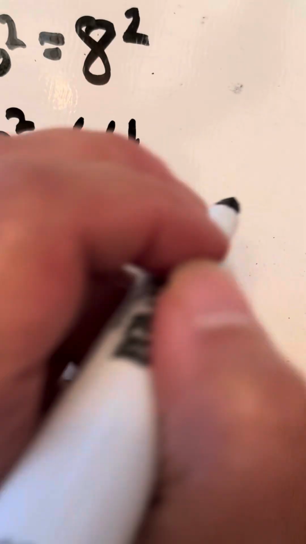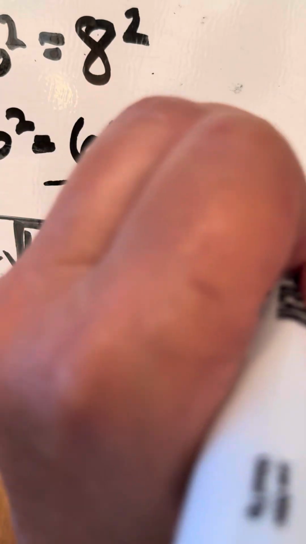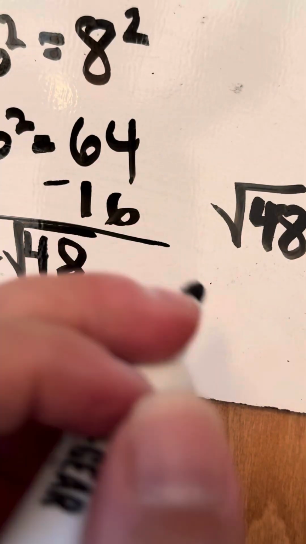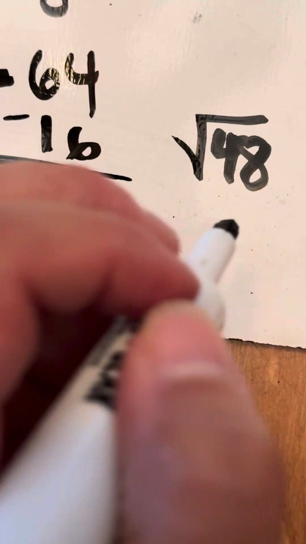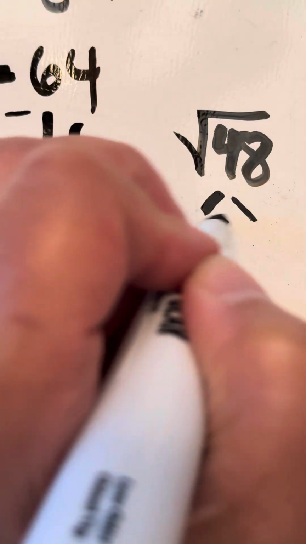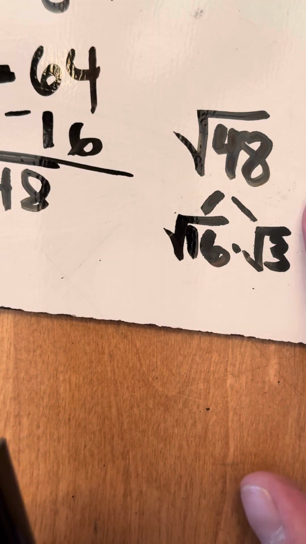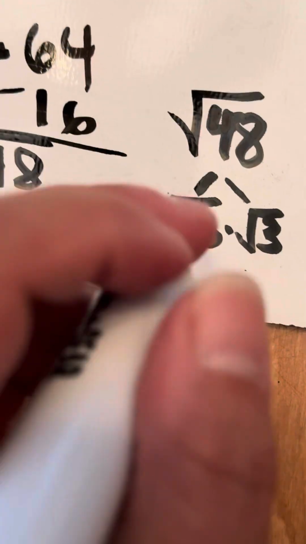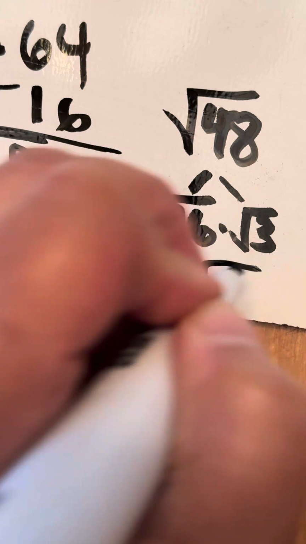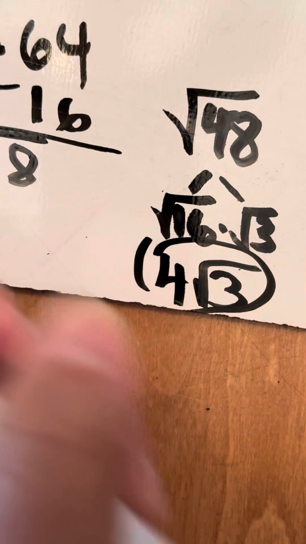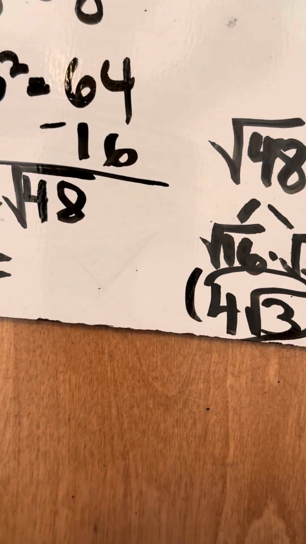So when you're doing these, you're looking for an extraction of a square root. If you don't know how to do that, I do have some videos on how to do that. But the square root of 16 times the square root of 3 will give you 48, since 16 times 3 gives you 48. But 16 is a perfect square, which is 4. So your height is 4 root 3. So that is what your b is.